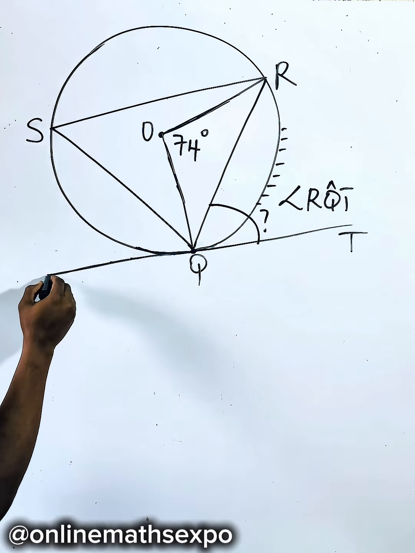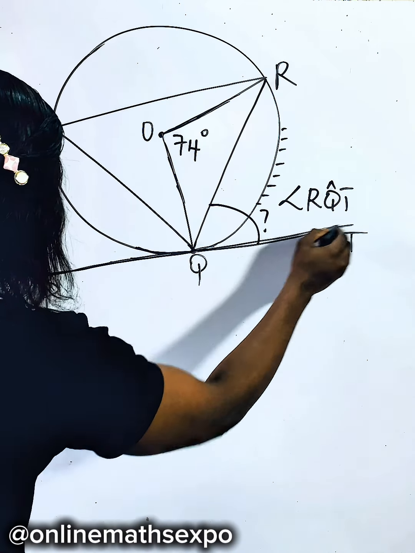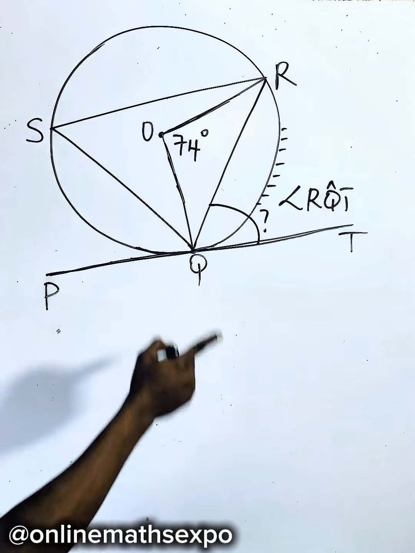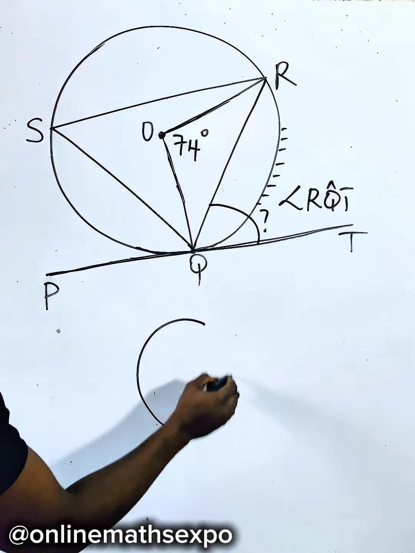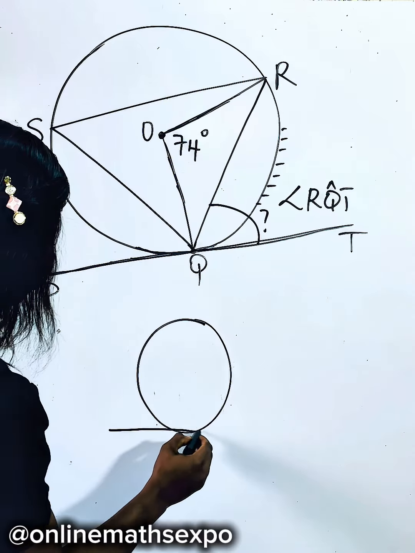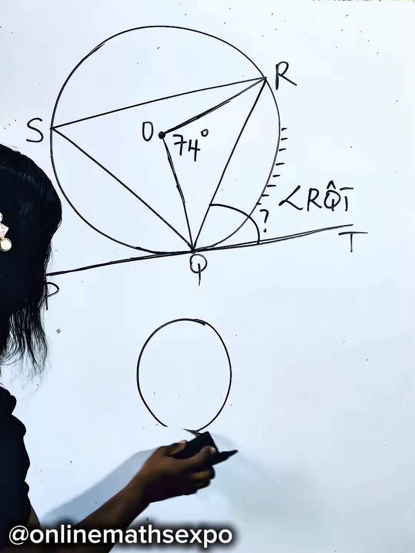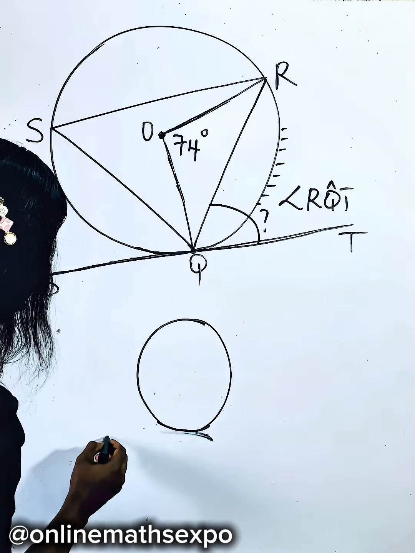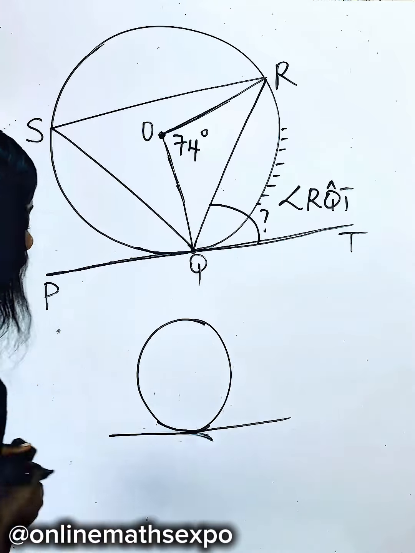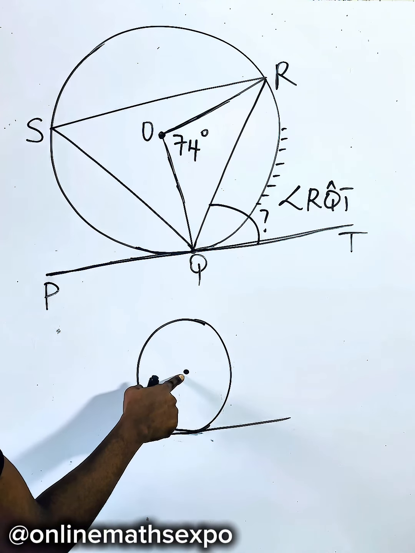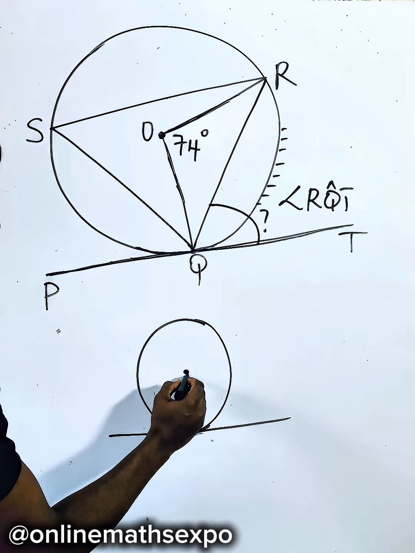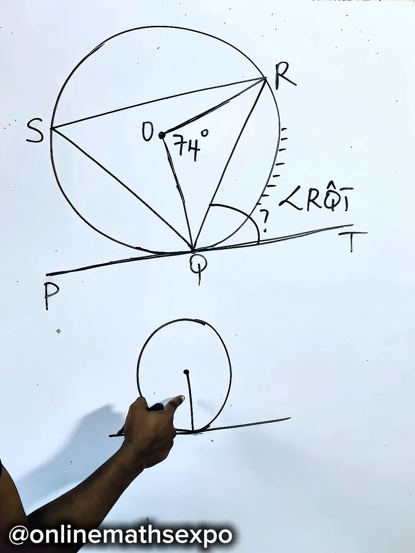Now, remember we are told that this line is a tangent. And you are also told that this is the center. So whenever you have a circle drawn and there is a tangent, sorry, let me draw it well. Whenever you have a circle drawn with a tangent and a center, the line from the center touching the circumference is what we call the radius.